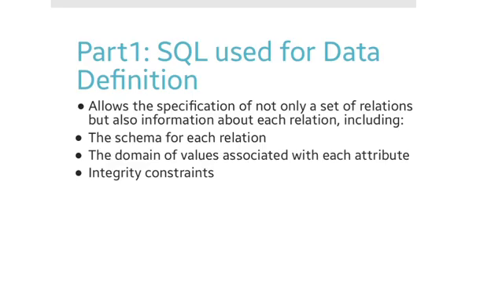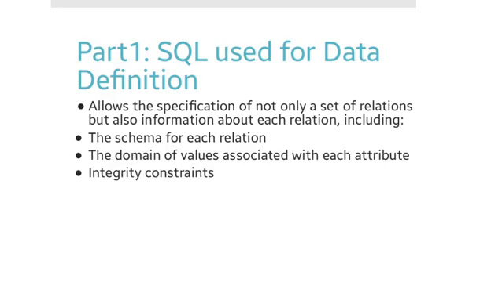The first one is schema for each relation. A schema means the structure of a table. It defines details like table name, column names and data types. Consider an example. A student table may contain student ID, name and department.